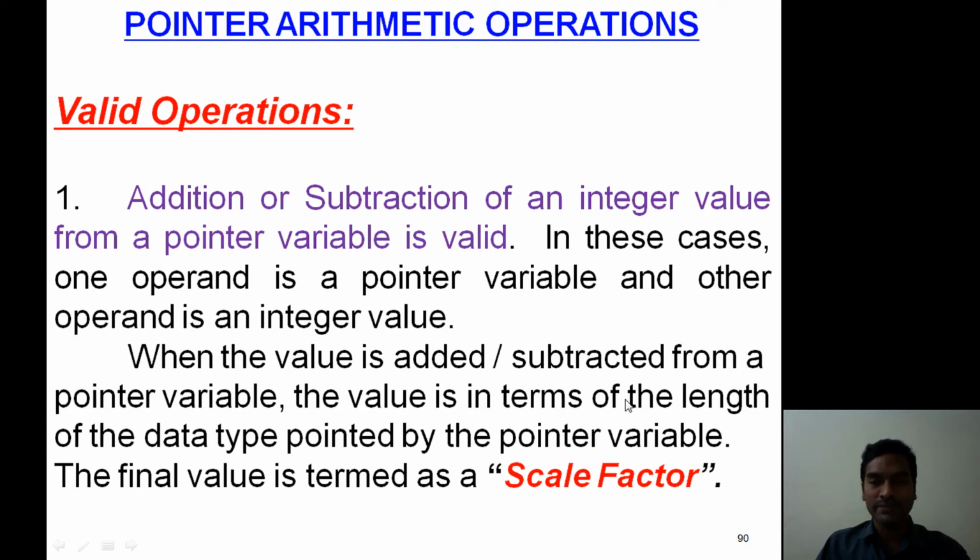It's a new thing. Once again, observe this point. When a value is added to or subtracted from a pointer variable, the value is in terms of the length of the data type pointed to by the pointer variable. With this, a new value is available and this final value is known as scale factor.